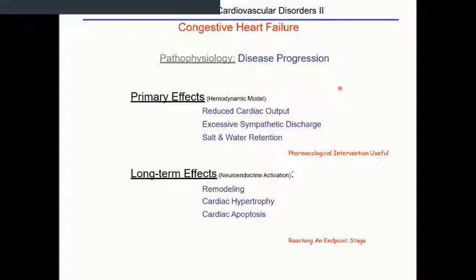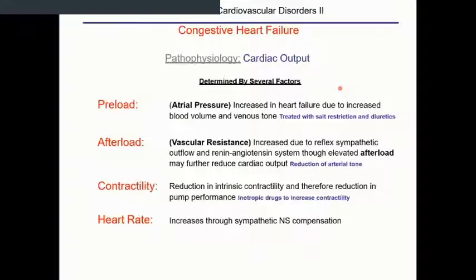However, as the long-term effects of your neuroendocrine activation lead to remodeling, cardiac hypertrophy, and cardiac apoptosis, the heart failure progression might be irreversible to the point that it will reach an endpoint stage for the patient.